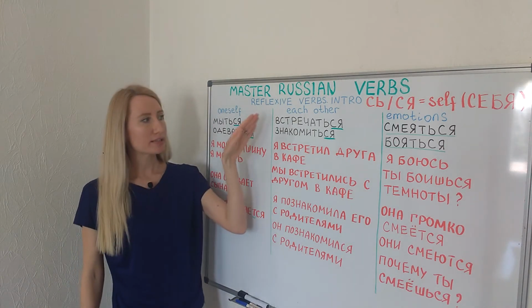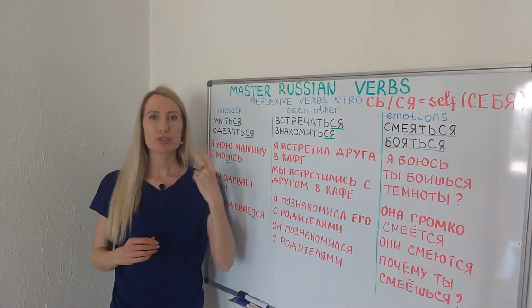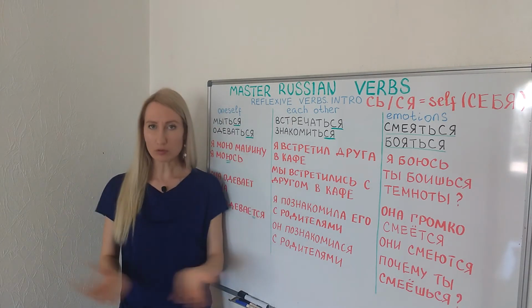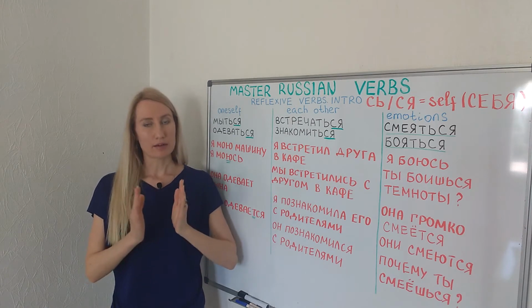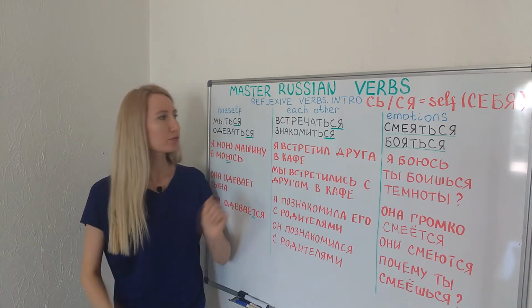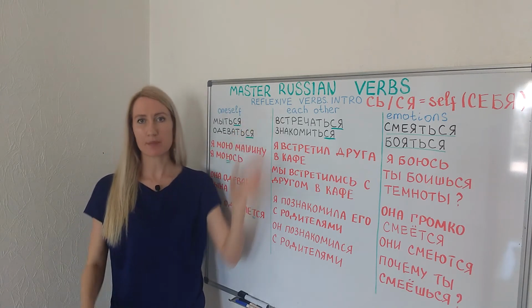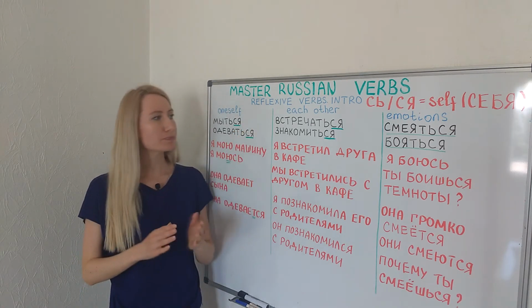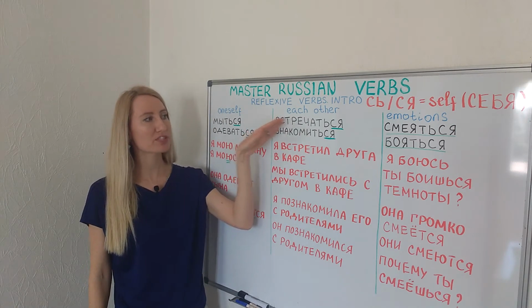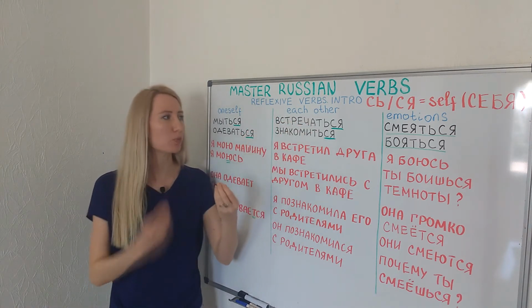It means that in the action, two or more people are involved, and they all are subjects and objects for each other. For example, встречаться, to meet, to meet each other, formed from the verb встречать, to meet someone.